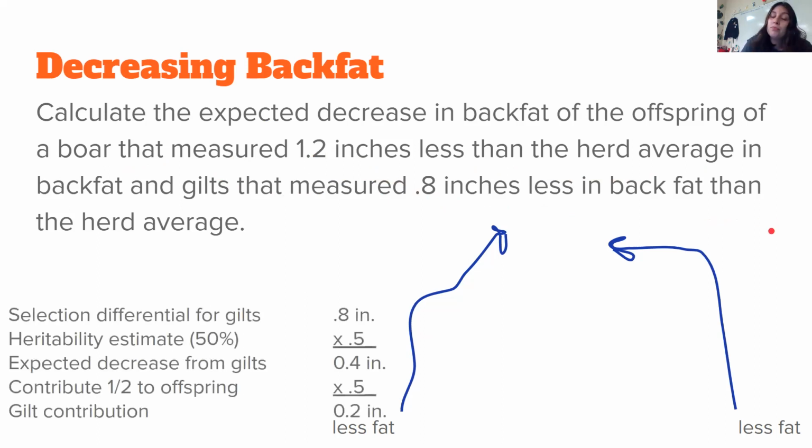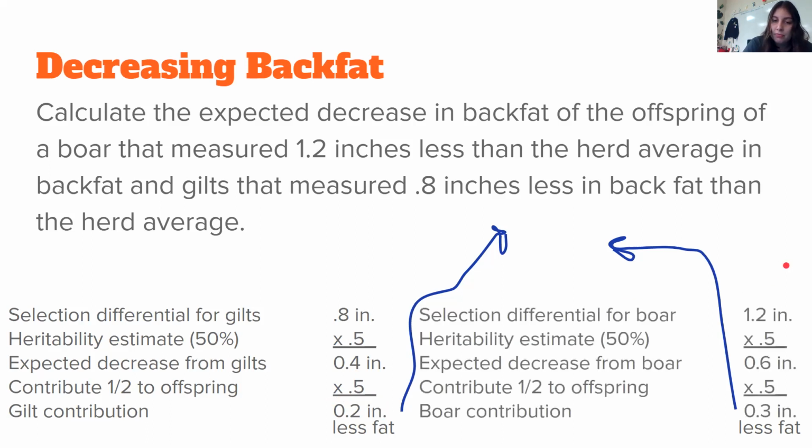So always do gilts first. And so we take the number that we have for the gilts, 0.8 inches, and we multiply it by that good old never changing, old reliable 50% heritability estimate. And we get 0.4. Then we multiply it by 0.5 again, since mom can only give half of her genetics to the baby, and we get 0.2.